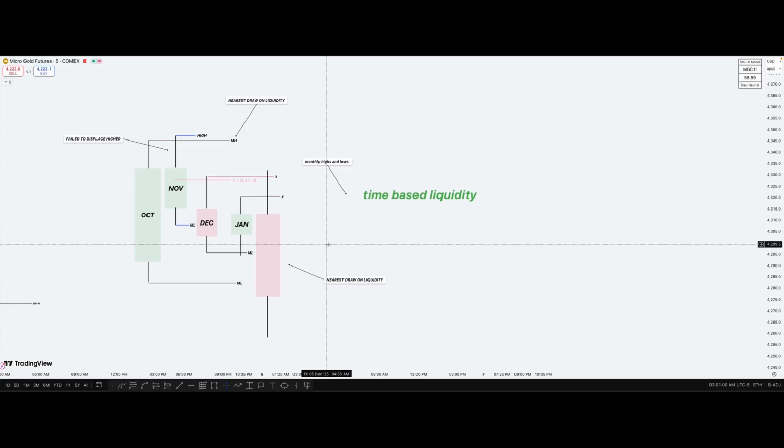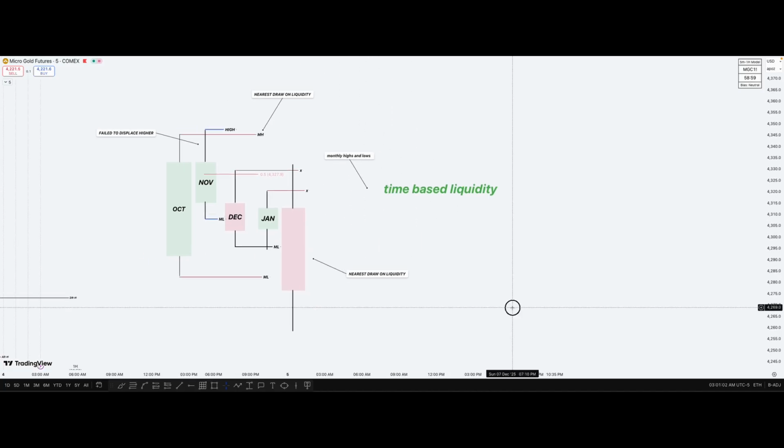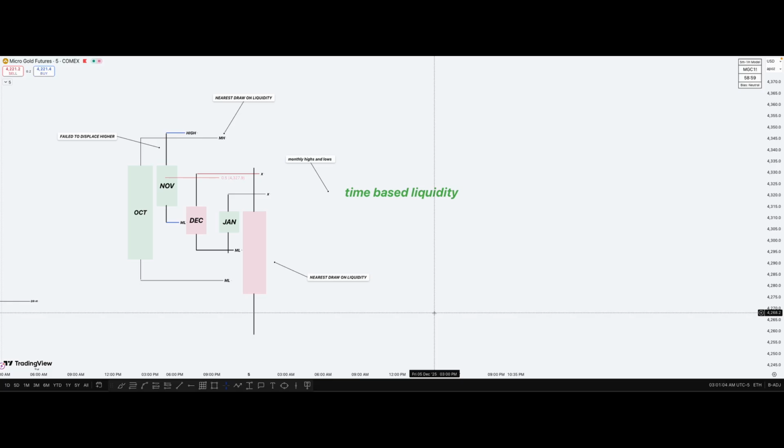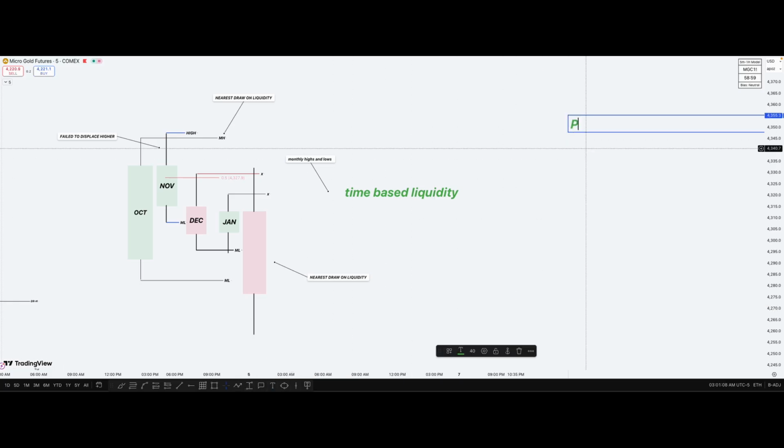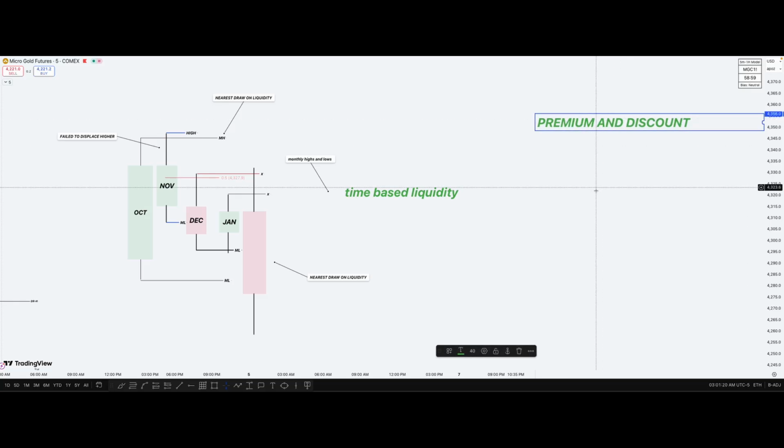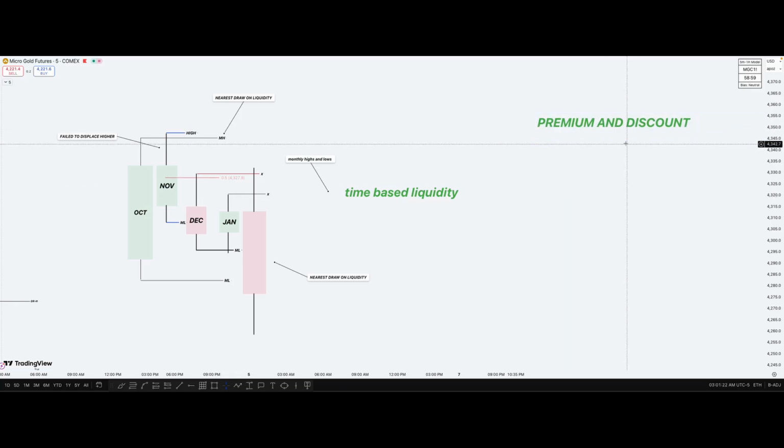Look, the concept of premium and discount is very simple. When we try to learn about premium and discount, suppose I give you a simple example, right?